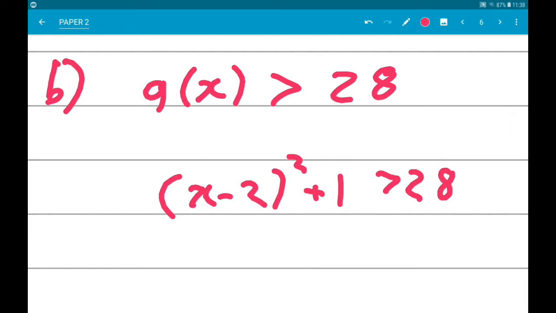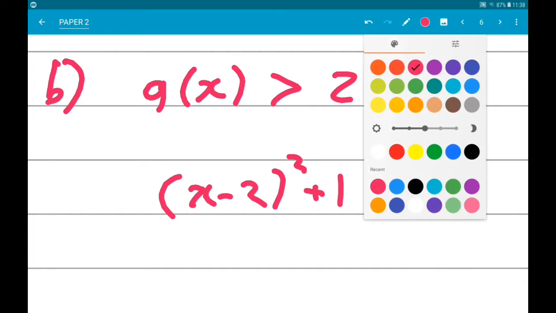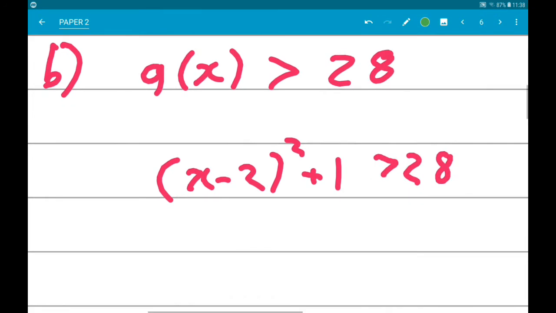Alright, now I'm going to think about where it equals 28 first. So, let's say we're going to subtract 1. So, x minus 2 squared would equal 27.